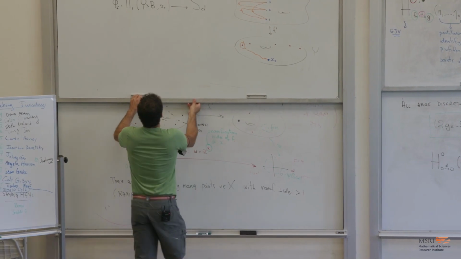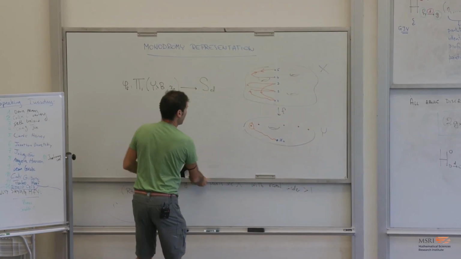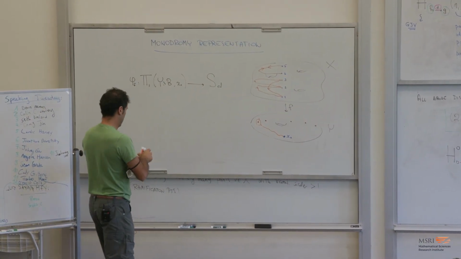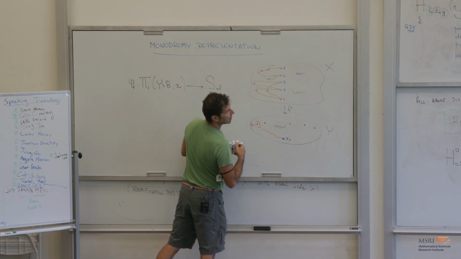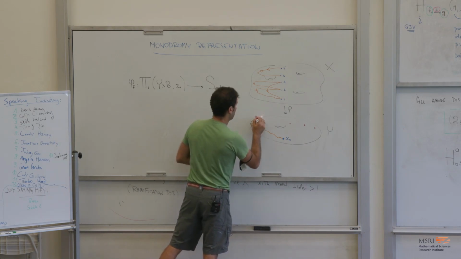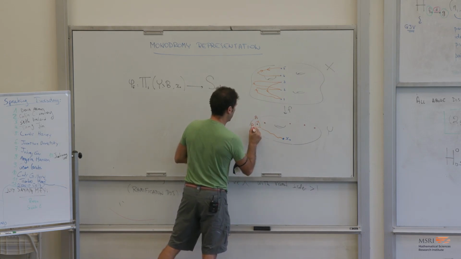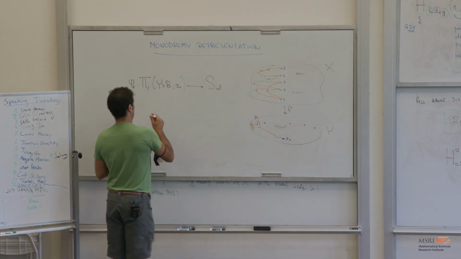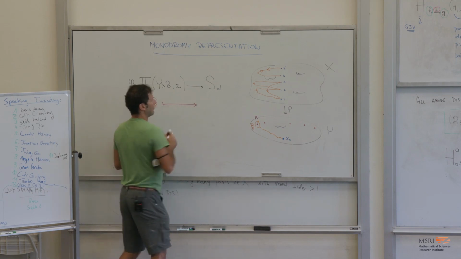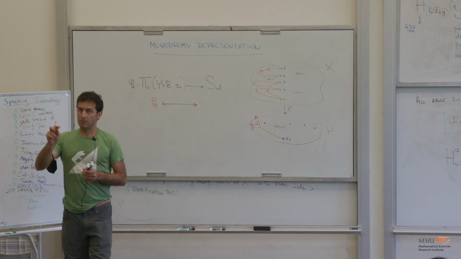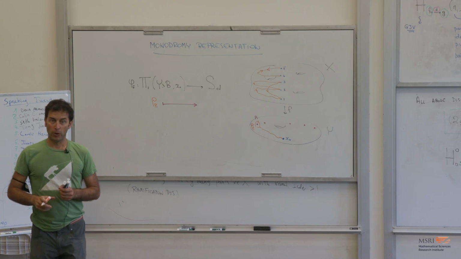Oh, sorry. One more thing that I'm almost forgetting. Let me say that this is rho sub P1, a little loop. I have a little loop that winds counterclockwise once around a branch point.